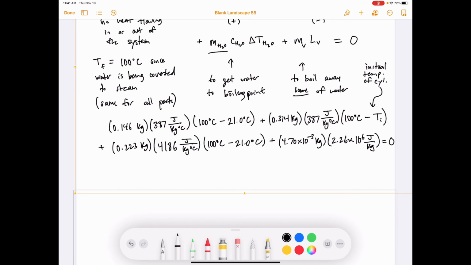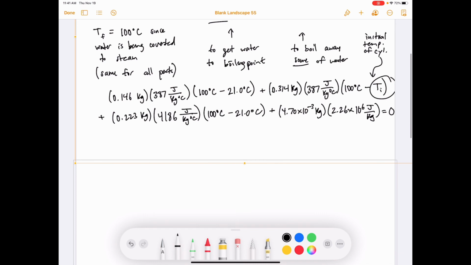So again, it's pretty straightforward to calculate the result from here. We just have a single equation with a single unknown, which is T initial. We want to find out what that is. So here, the first term, if you crunch all these numbers, first of all, the units of kilograms cancel and the degrees Celsius units also cancel.